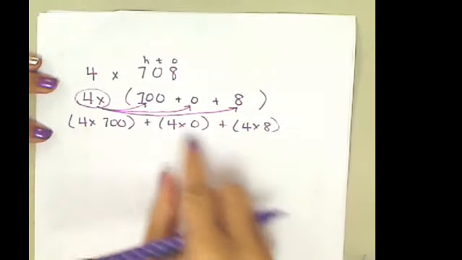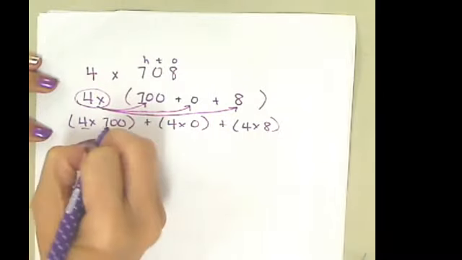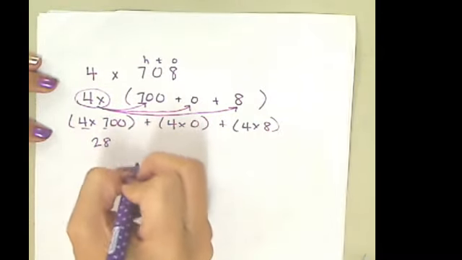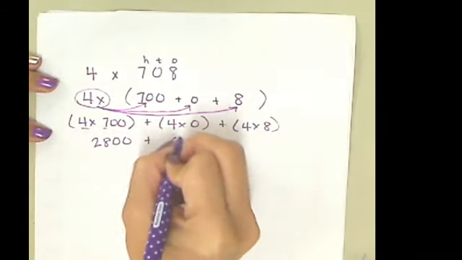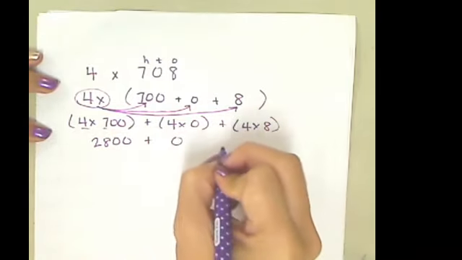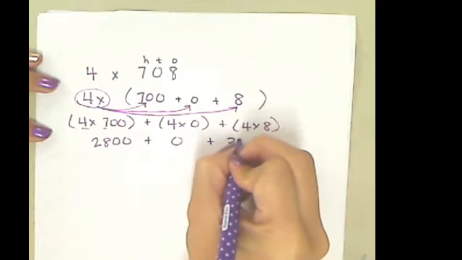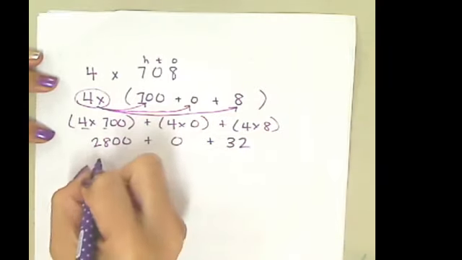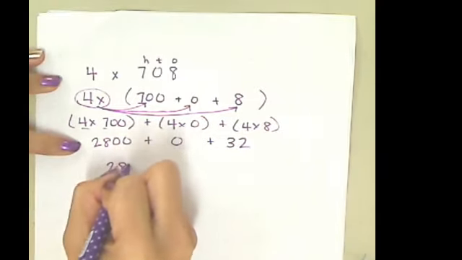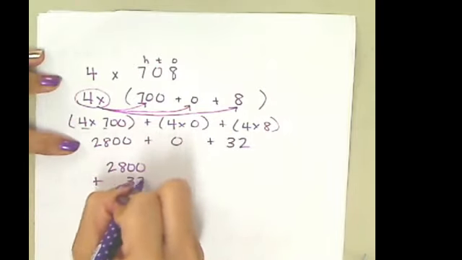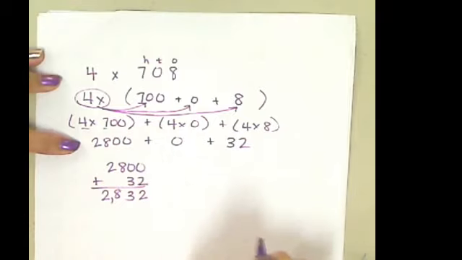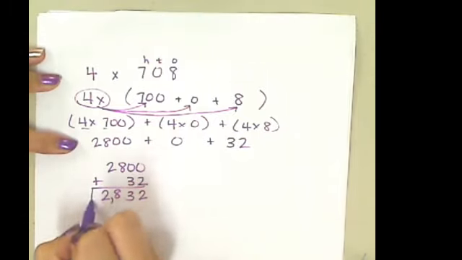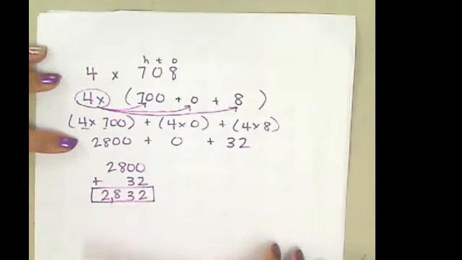Okay, so let's find our partial products. 4 times 7, 28, 100, plus anything times 0, 0. 4 times 8, 32. So my product is 2800 plus 32. The product is 2832. Okay?